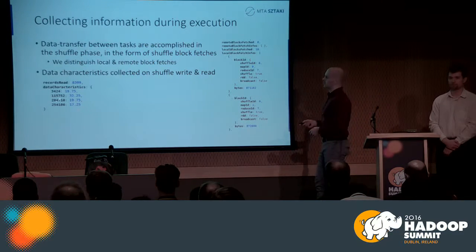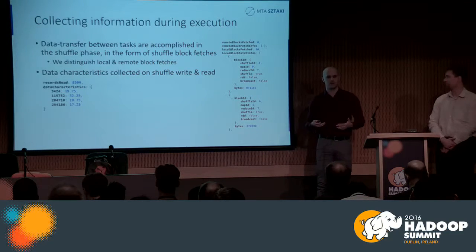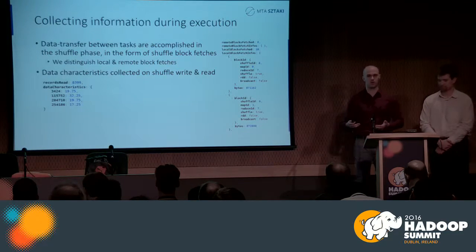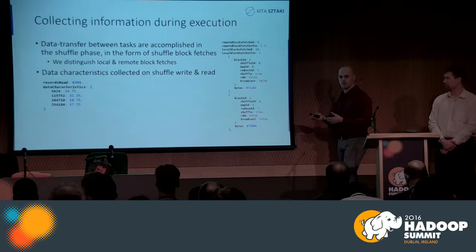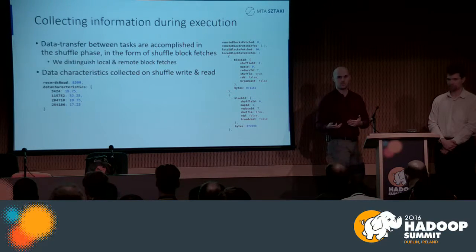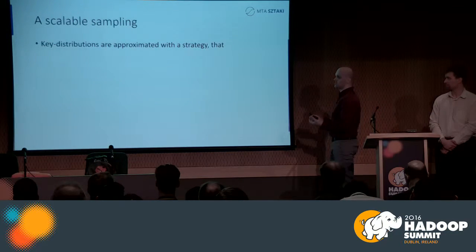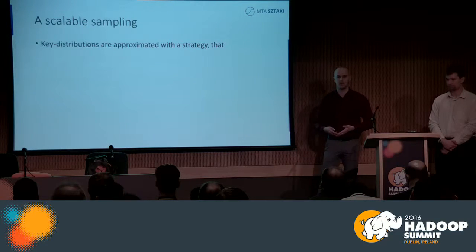On the left side, you can see the keys, and on the right side, you see the frequencies that have been approximated for that key. Okay, now we can ask, how do we approximate the frequencies? For that, of course, as we've mentioned, you need to have a scalable sampling.